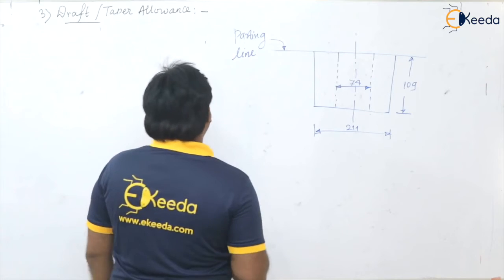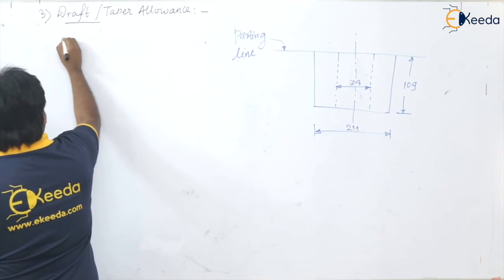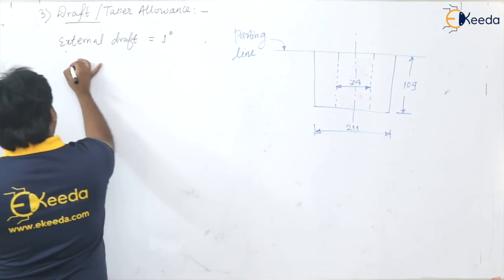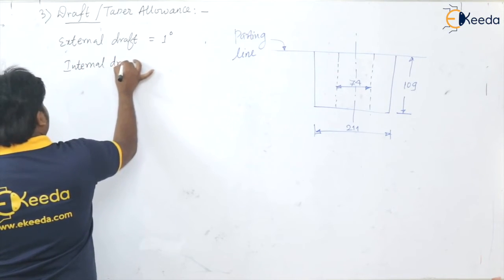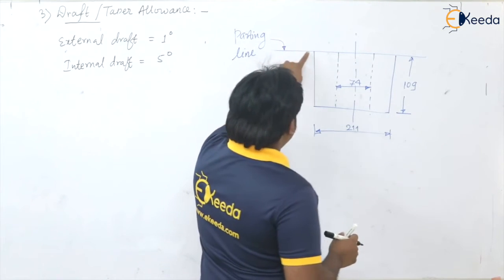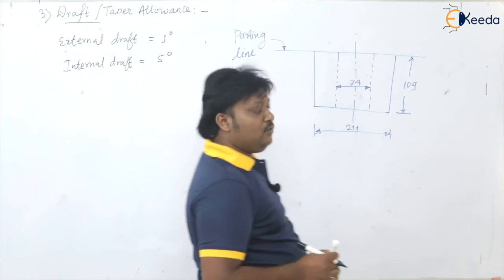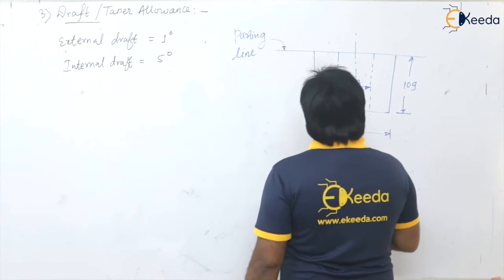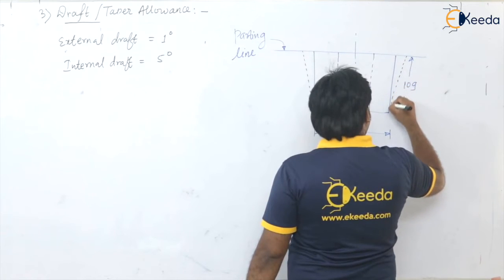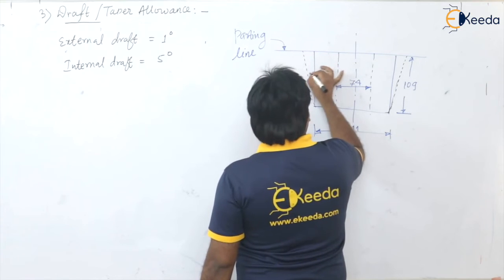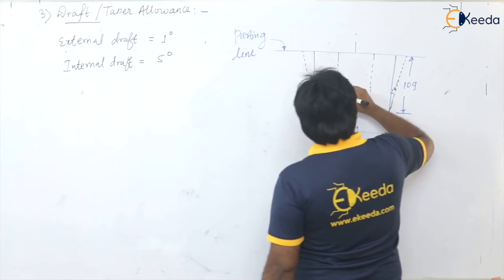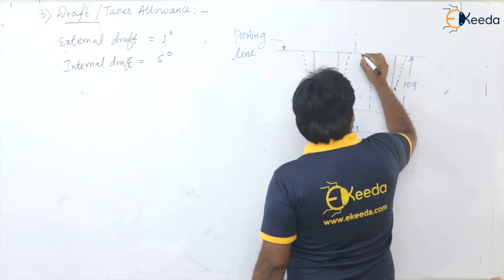The external draft you can take as 1 degree, and the internal draft as 5 degree. So these external and internal values are given. See here, this is the external dimension and this is the internal dimension. This is the draft we are providing on the external dimension, 1 degree, and for the internal dimension the taper is given as 5 degree.